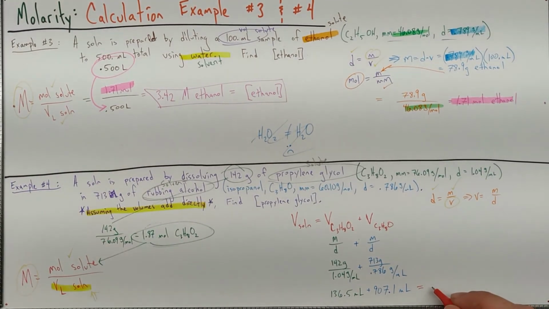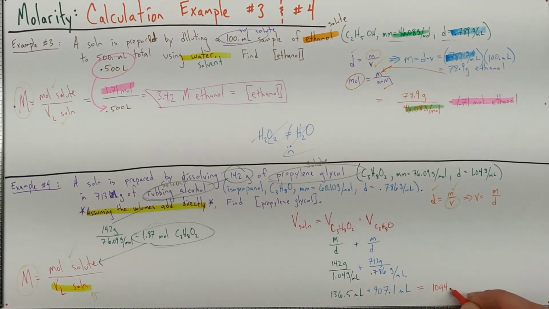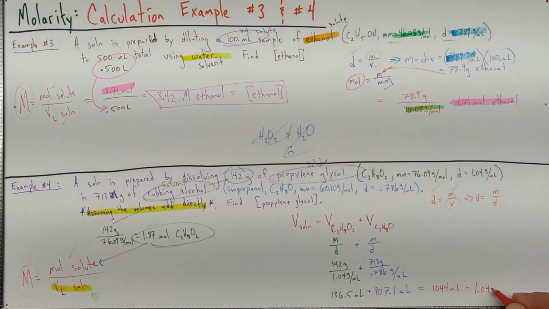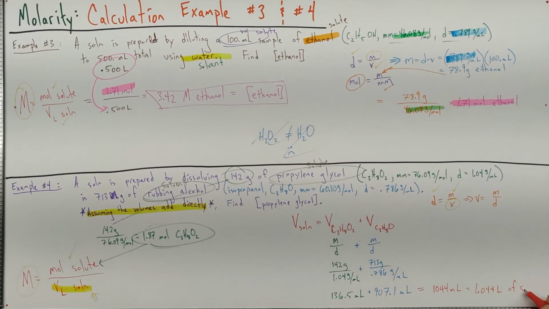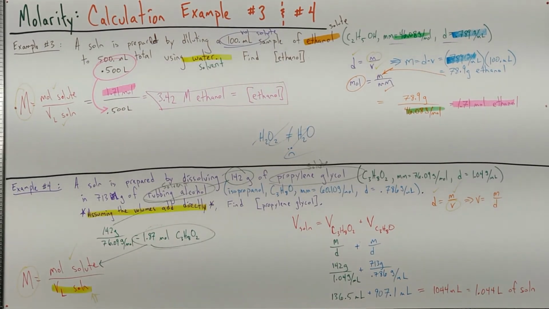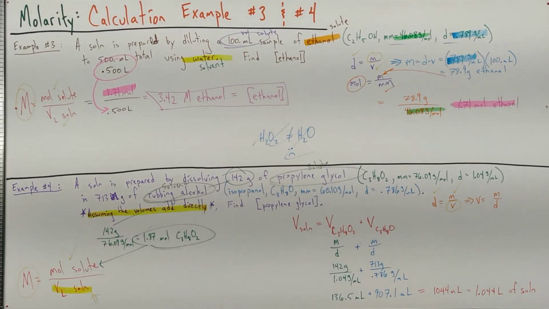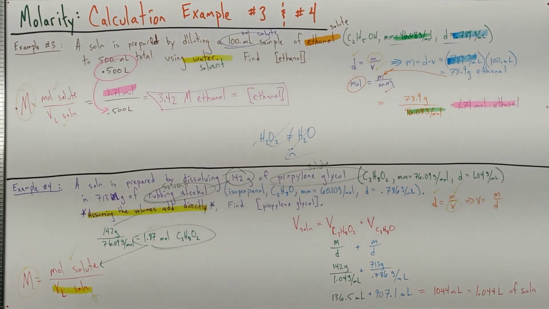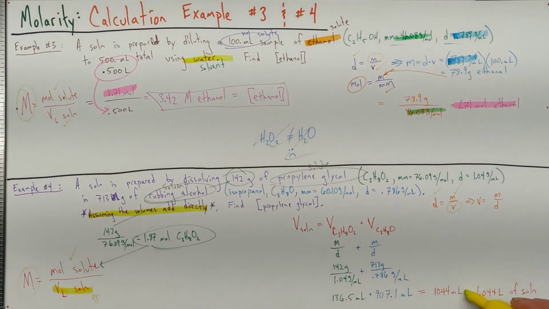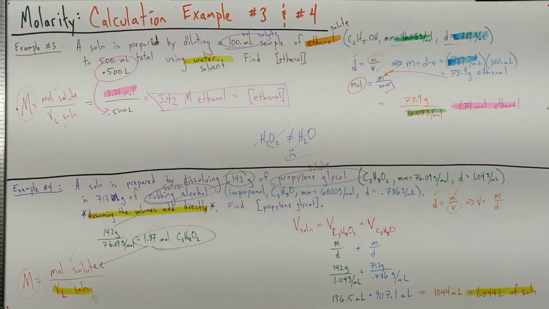And that is around 1044 milliliters, which is still not liters, so we'll call that 1.044 liters of solution. Again, that all hinges on the fact that the volumes add directly, which in real life they don't. It doesn't affect our calculation in this case. In fact, most people wouldn't care, but those volumes don't add directly. But we were told they were, so we can go along with that.